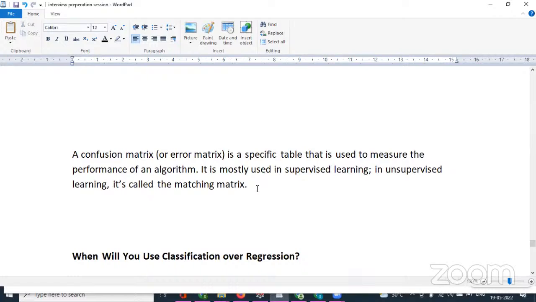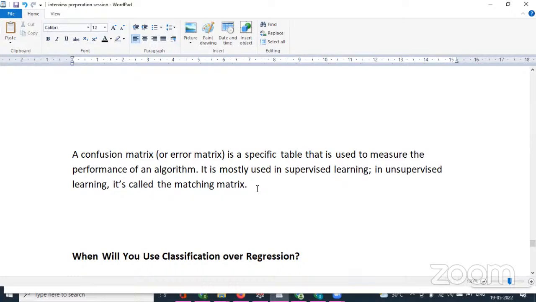Yeah, Vaibhav, that is correct. It is a matrix of actual and predicted outcomes. Yeah, it helps in finding the accuracy of the model.